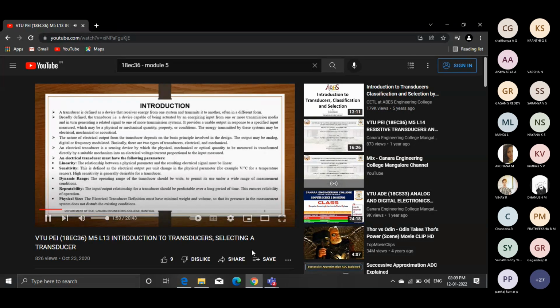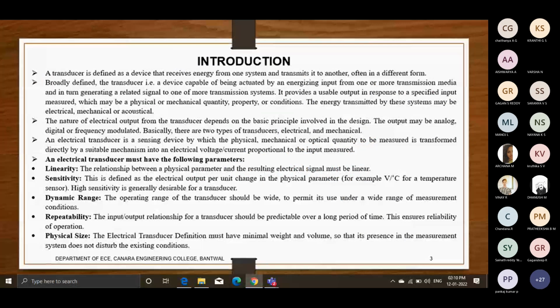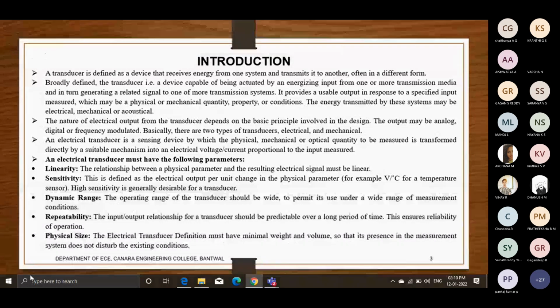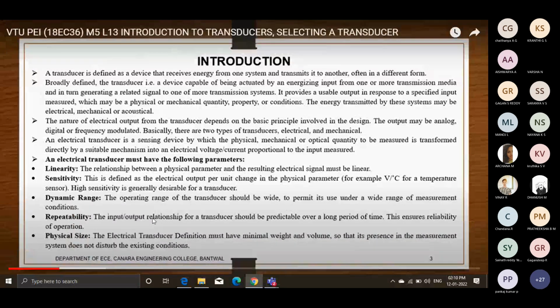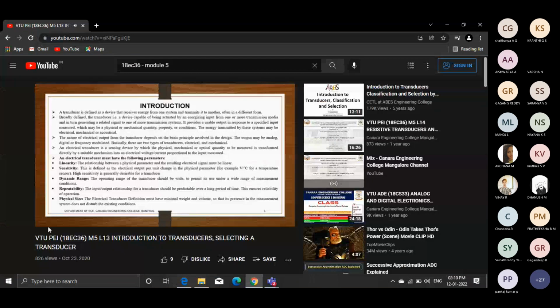The transmission media might be different, but what we expect as output is the measured input converted depending on the input and output, and on that basis we can classify. Usually it is a physical quantity measured in terms of an electrical one, or it might be an electrical input with a mechanical output, some kind of movement or any kind of energy.